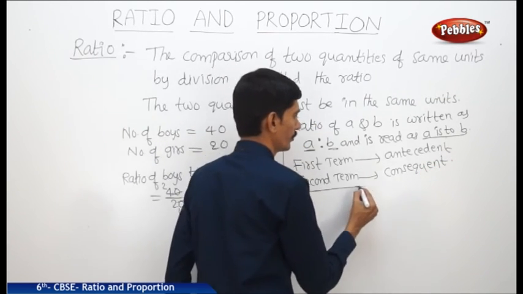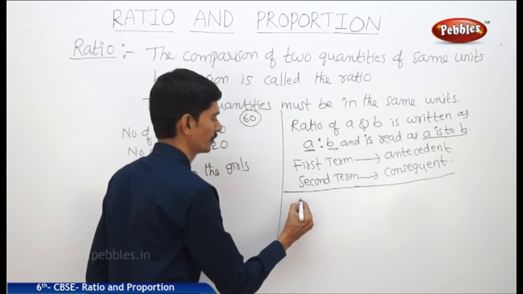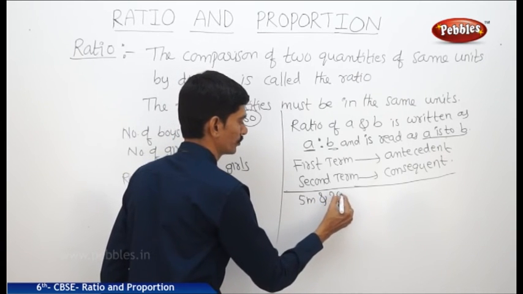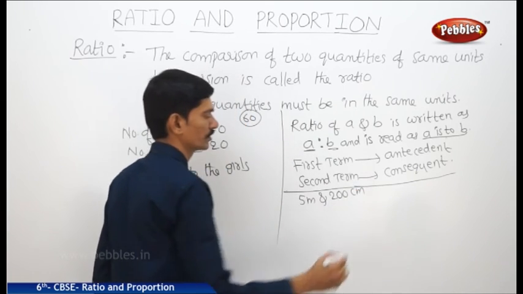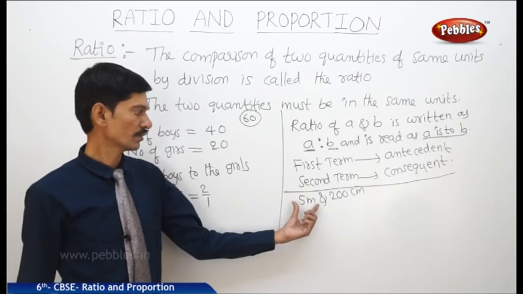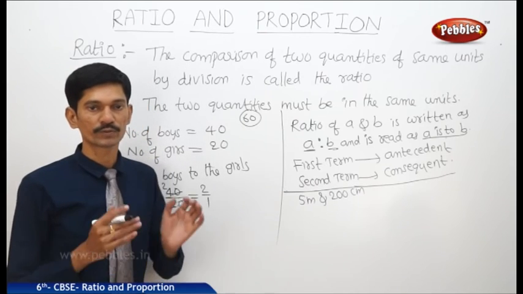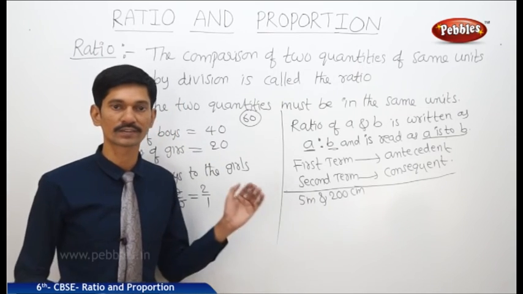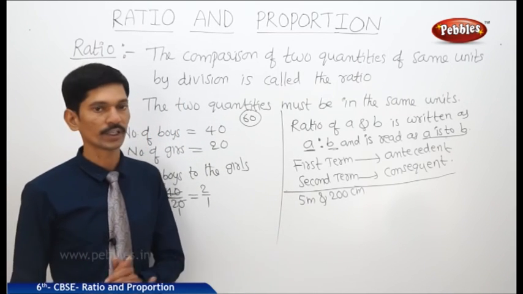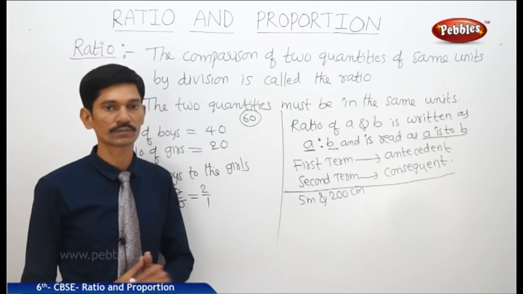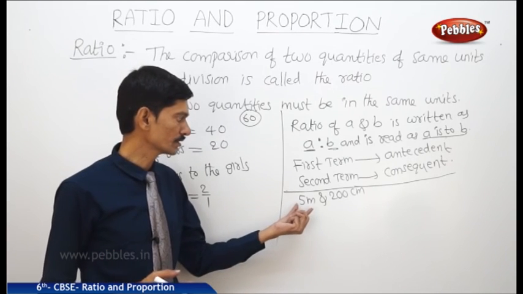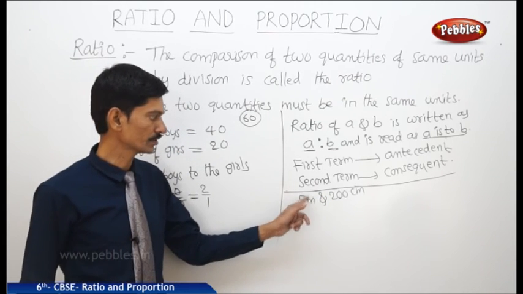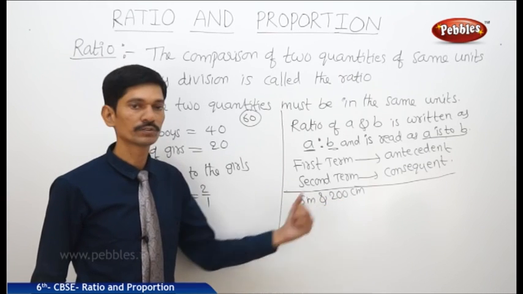Now, if you want to find the ratio of 5 meters and 200 centimeters, then how to find the ratio of the two quantities? To find the ratio of any two quantities, first you have to check whether the two quantities are in the same units or not. Otherwise, we have to convert the two quantities into the same units. So here the first quantity is in meters and the second quantity is in centimeters. So either we can convert meters into centimeters or centimeters into meters.